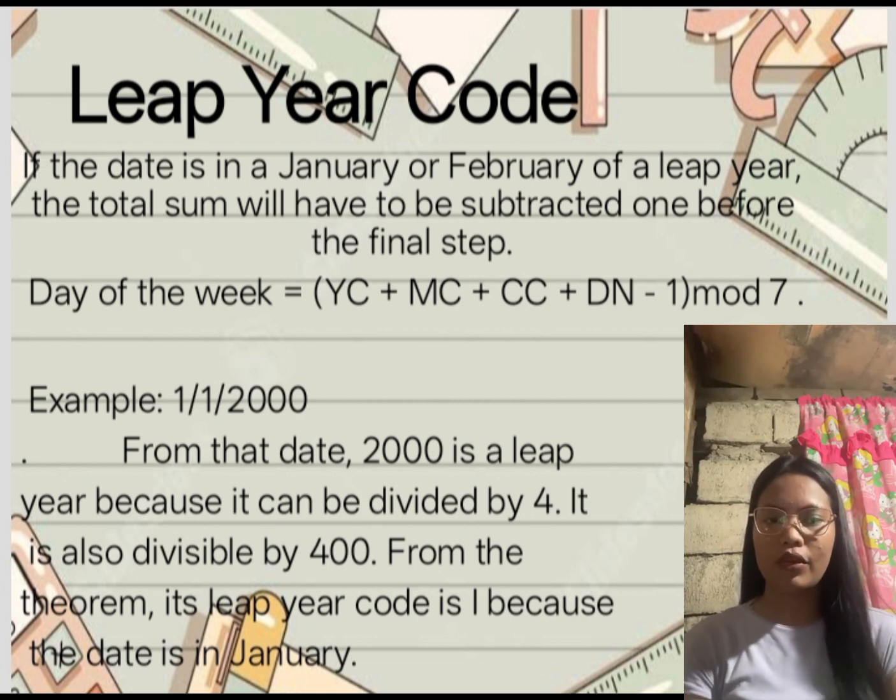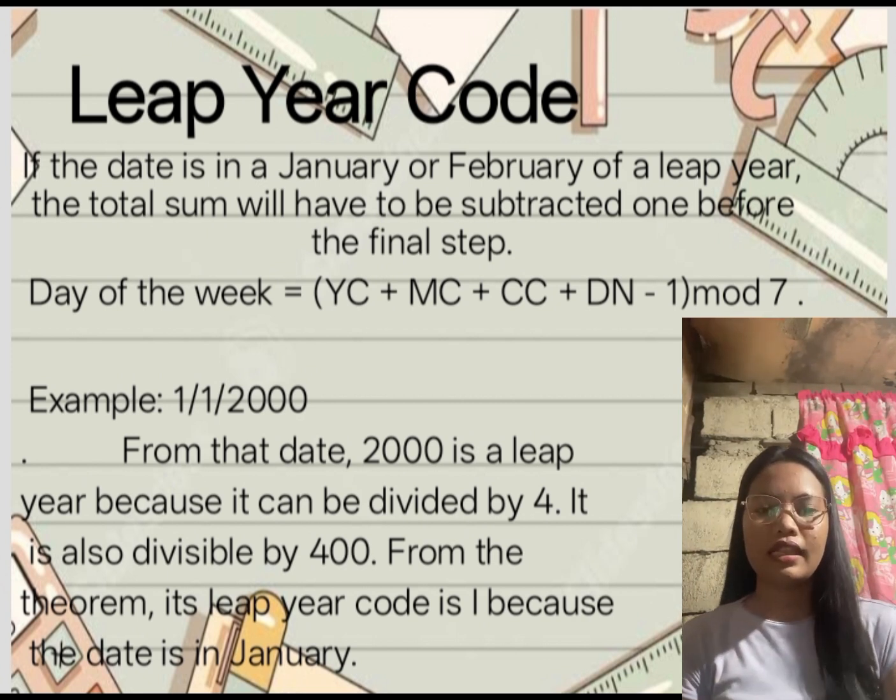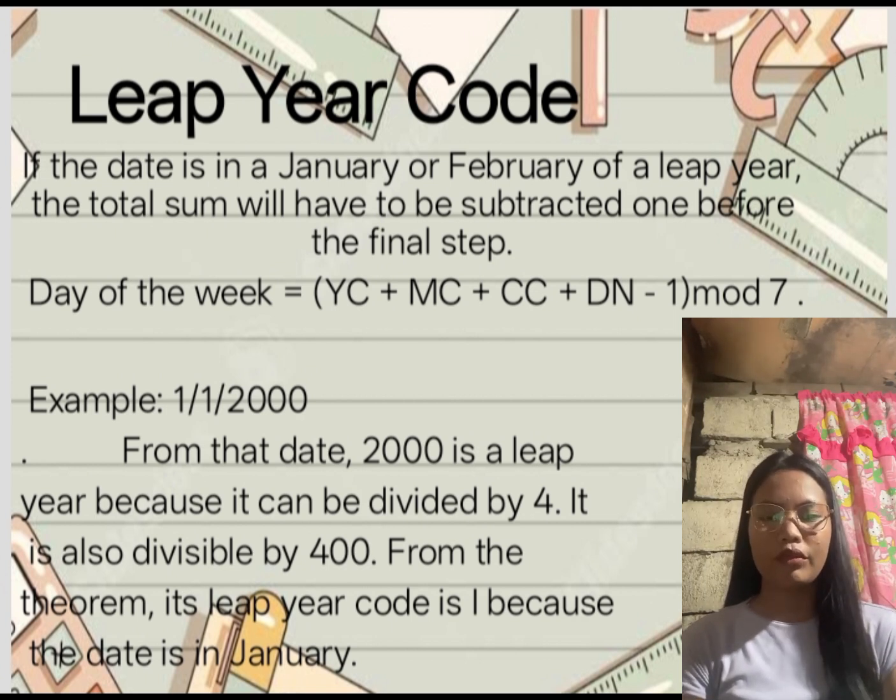For example, 2020 is a leap year because it is divisible by 4, while 1700 is not a leap year because it is divisible by 100, and 2000 is a leap year because it can be divided by 400. If the date is in January or February of a leap year, 1 has to be subtracted from the total sum before the final step.